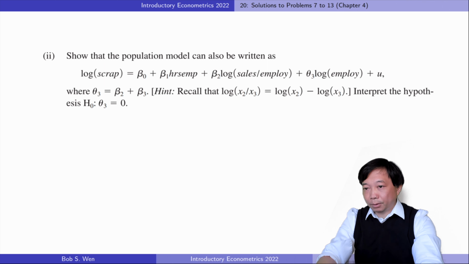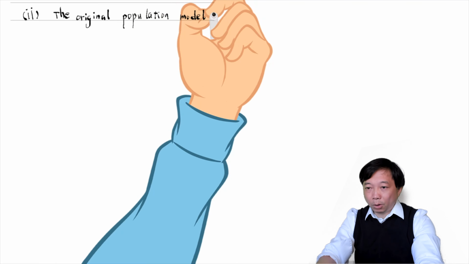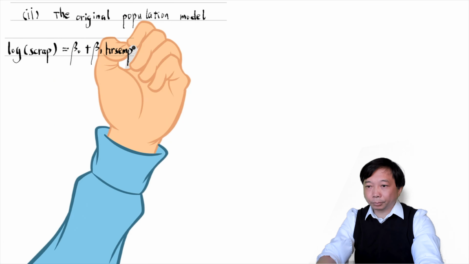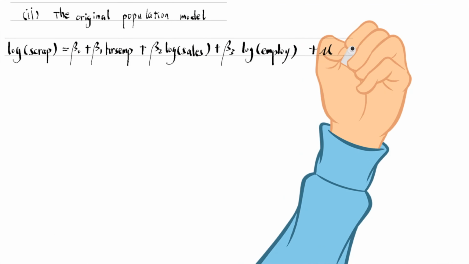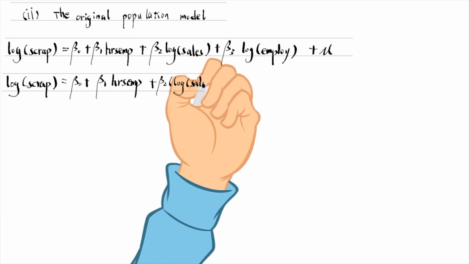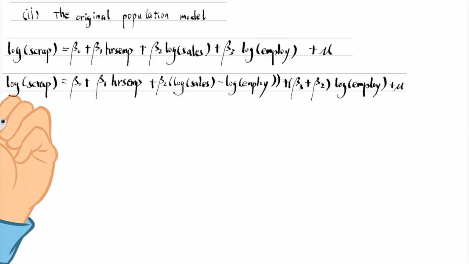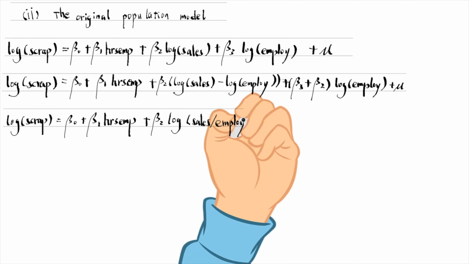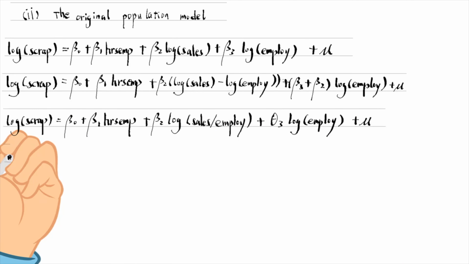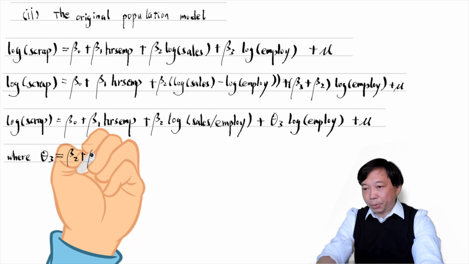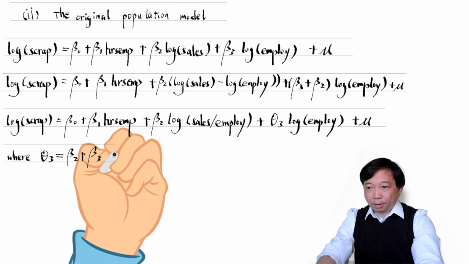The second question is to rearrange the variables. We can rewrite the population model as follows. The new parameter theta 3 is the sum of beta 2 and beta 3.